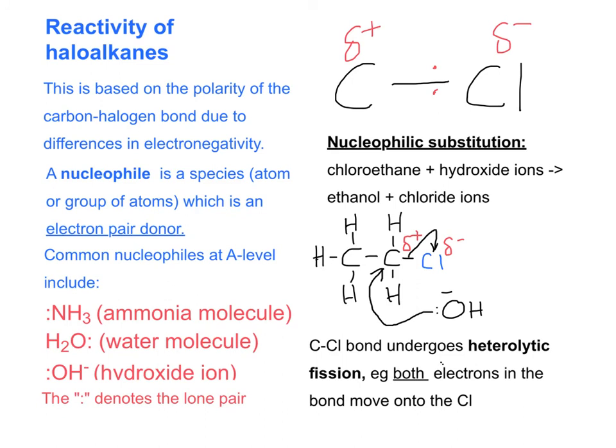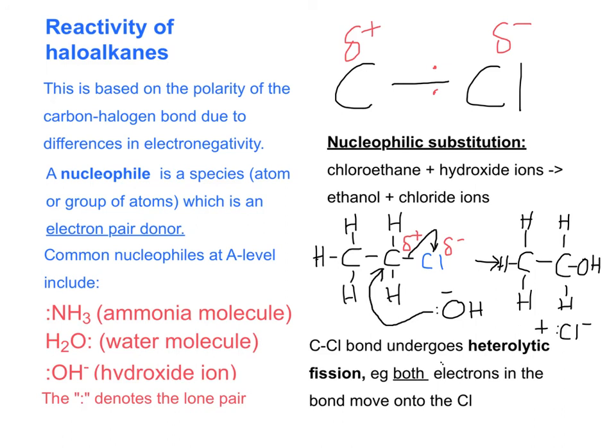So the next thing is that the OH bonds to the carbon, like so. This creates your ethanol. So new compounds formed. Chloroethane is turning into ethanol. And you also have a chloride ion.